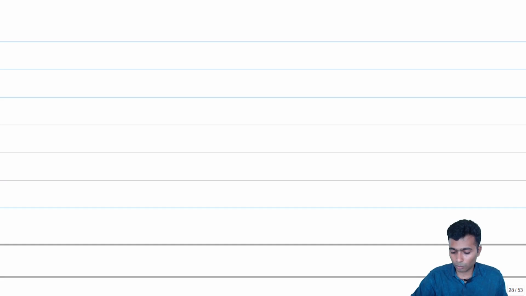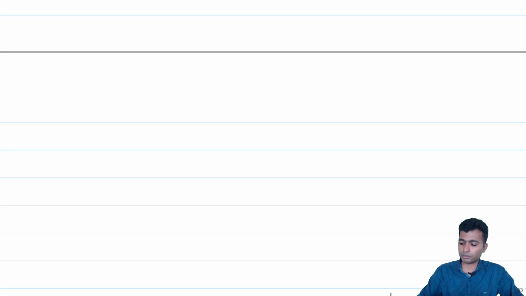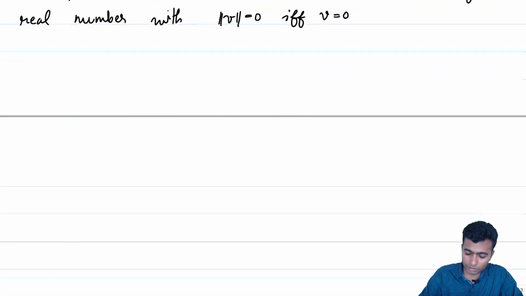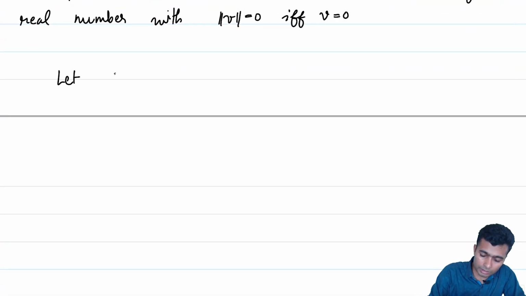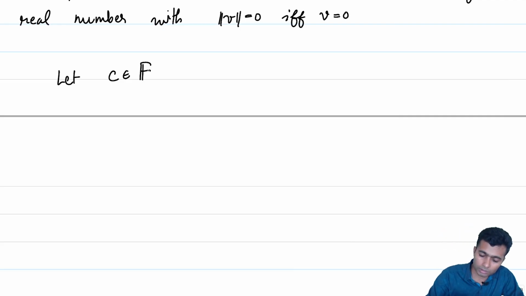Okay, how about the length of a vector which has been dilated? So let C be some scalar, so let C be in F. As you can see, most of these conclusions are being drawn for vector spaces over F, or in other words, these are all conclusions which are true for both real vector spaces and complex vector spaces. So let C be in F and v be a vector in capital V. What is the length of C times v?